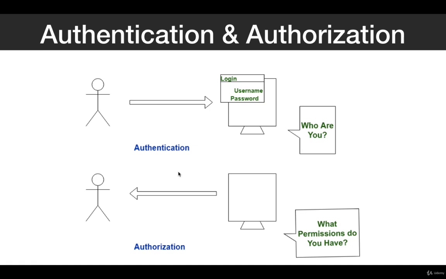Now how will you do it? First thing, you need to be an authenticated person, so that you can send the data to the LinkedIn API, to the LinkedIn server, and they can authenticate you and see if you are an authenticated person.